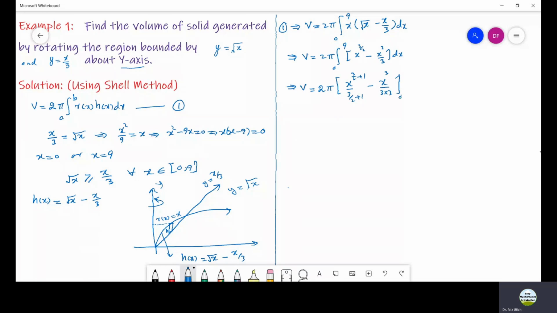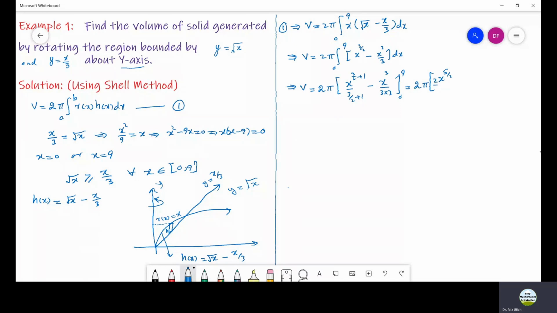The limits are from 0 to 9. And now let us simplify and put the limits. So we have 2 pi, and this is x power 5 by 2 divided by 5 by 2.